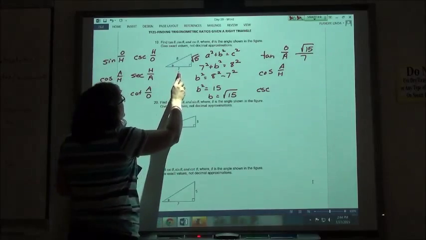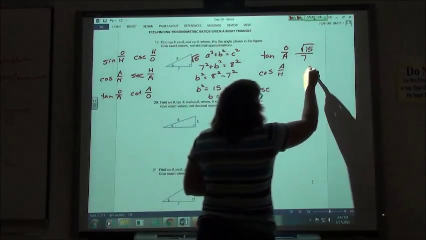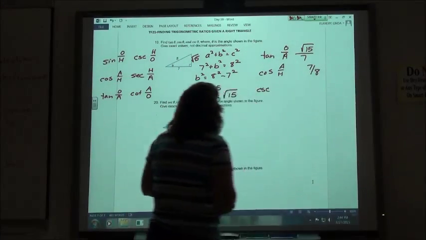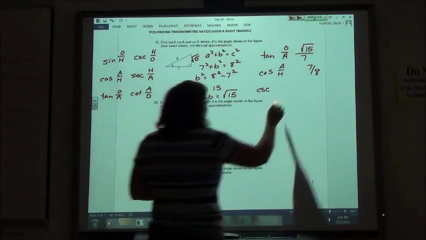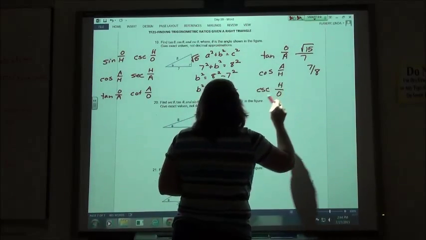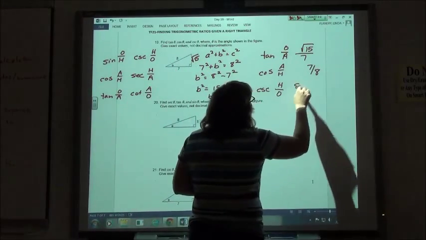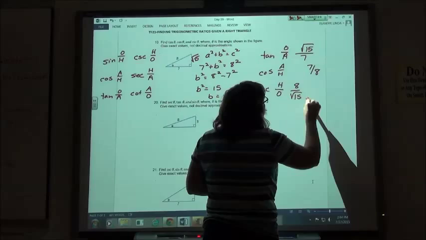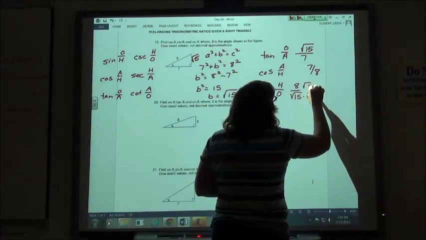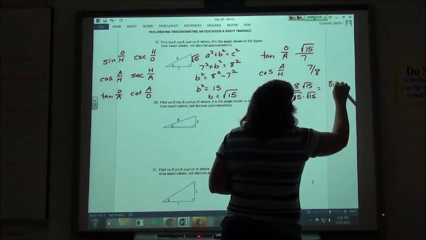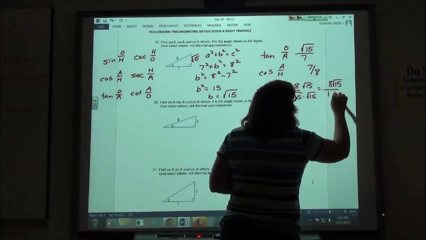The adjacent is 7, the hypotenuse is 8, so 7 over 8. Cosecant, hypotenuse over opposite. My hypotenuse is 8, my opposite is square root of 15. We have to rationalize that. So we get 8 square root of 15 over 15.